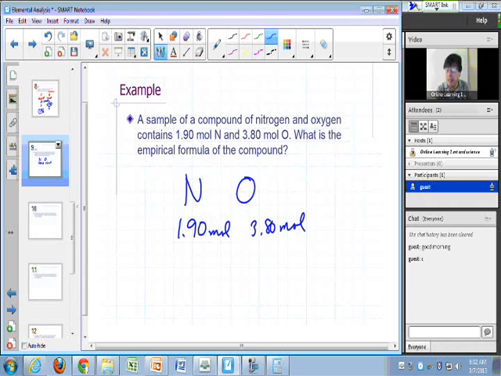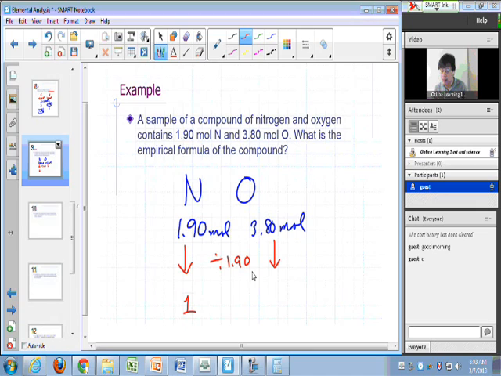And so, again, you reduce this to a whole number ratio. And the strategy we use is we divide both by the smaller number. Basically, you're making the small number equal to a 1. Okay, so divide both by 1.90. So this is going to be a 1. 1.90 divided by 1.90 is 1.